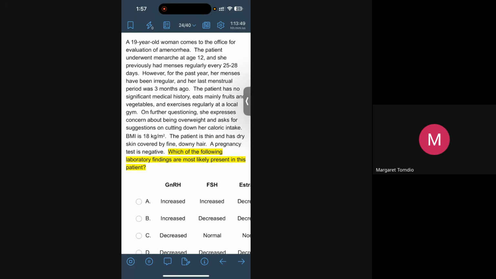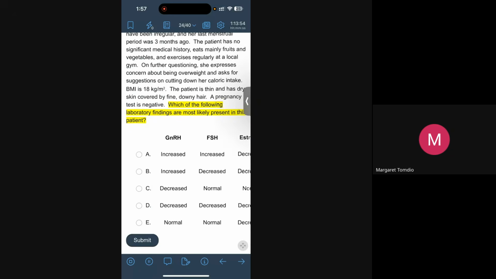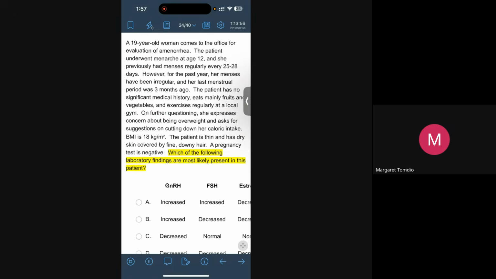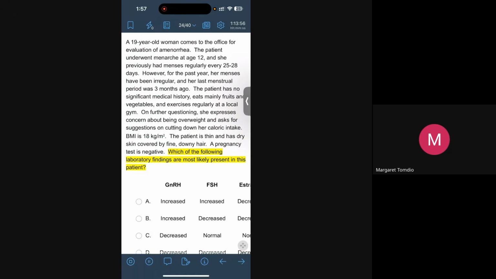Which of the following laboratory findings are most likely present in this patient? First, try to make the diagnosis here. 19-year-old with amenorrhea, underwent menarche at 12.